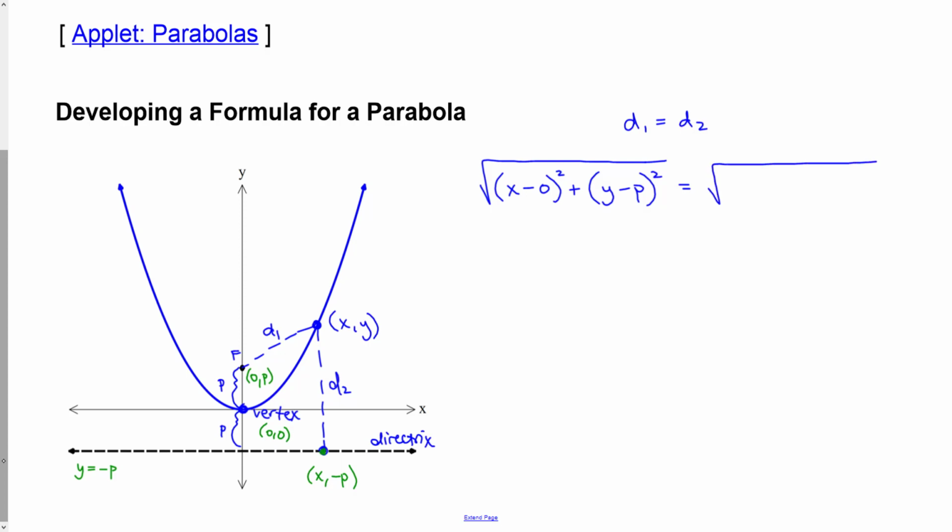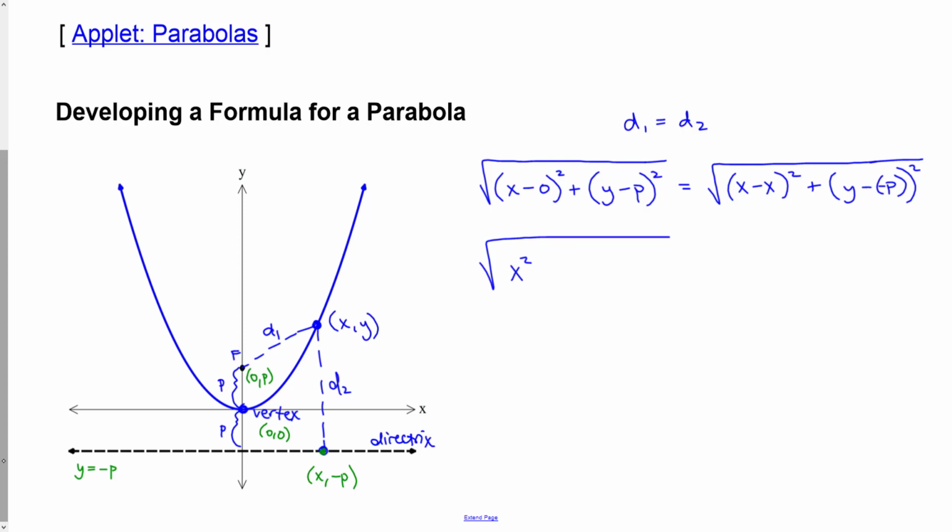d2 is the distance from xy down to that point on the directrix. So it's going to be the square root of x minus x quantity squared plus y minus negative p quantity squared. And I have some things that I can work with and reduce. Let's see what happens. In the next line, first note that x minus 0 squared is just x squared.